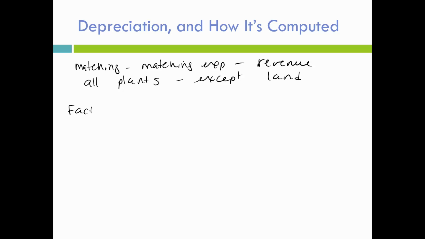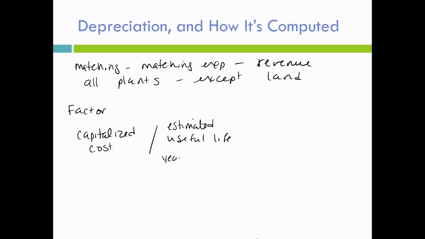The factors that we need to consider in here would be the capitalized cost. That's what you figured out in the first part of the chapter, where you could include anything that was required to get the asset there and available for use. So that total net cost that you recorded in the first part of the chapter. We also need to know the estimated useful life.